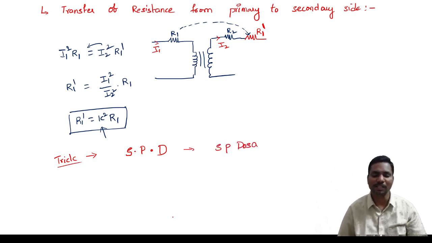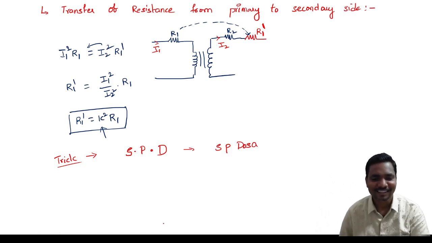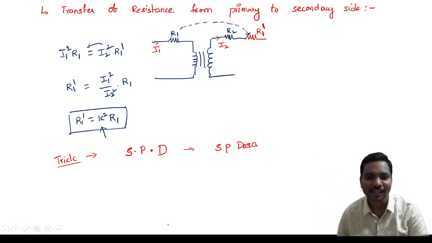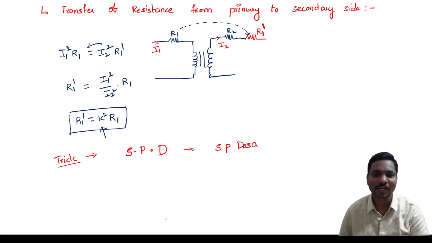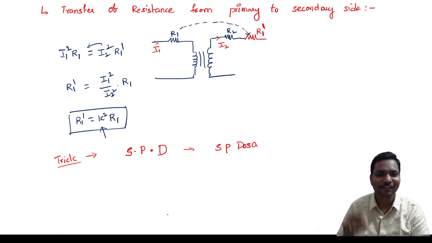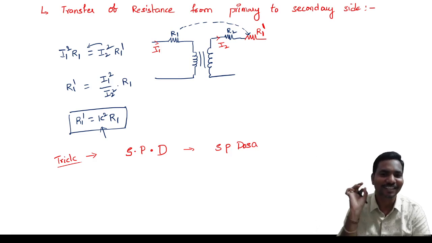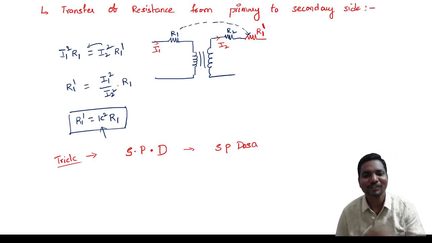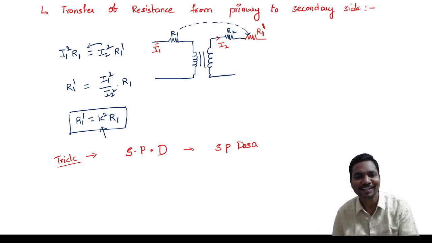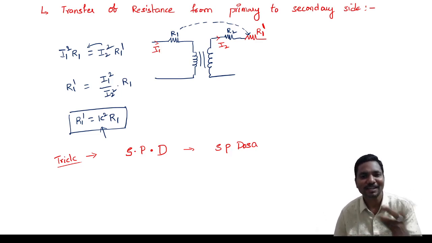Special dosa. Dosa is your favorite. If anyone has a favorite dosa, give it in the comment section. In dosa you have so many varieties: plain dosa, karam dosa, masala dosa, upma dosa, onion dosa, paneer dosa.